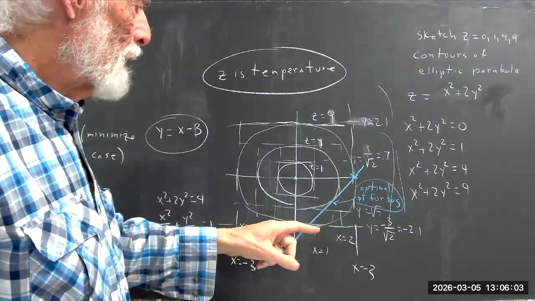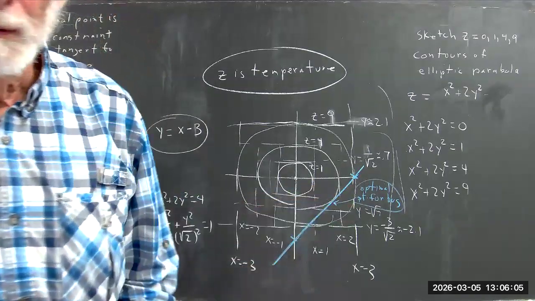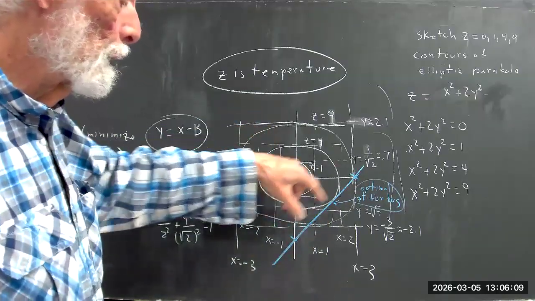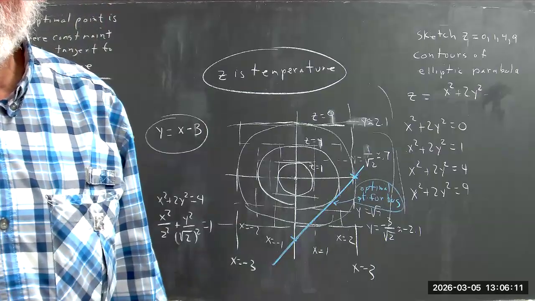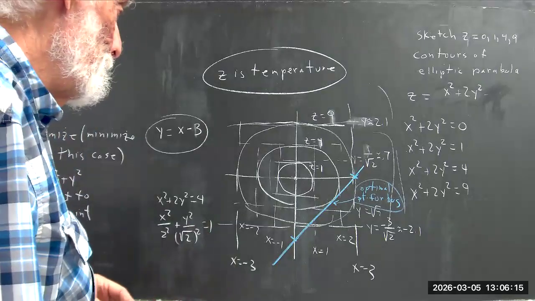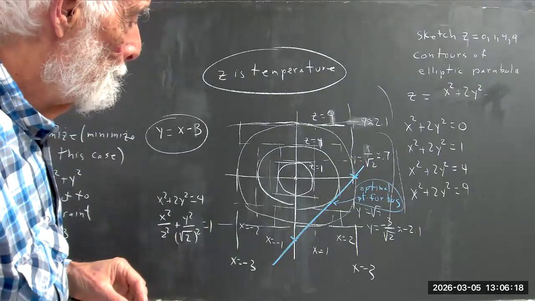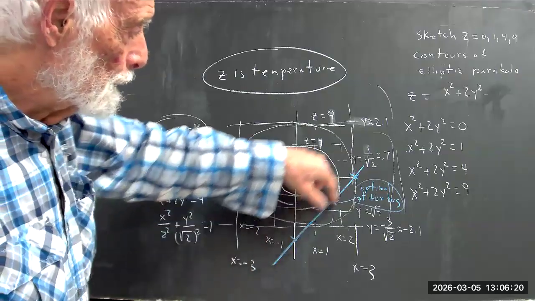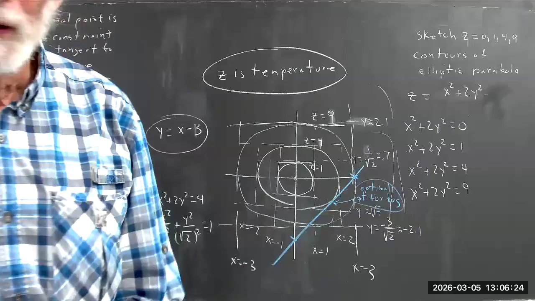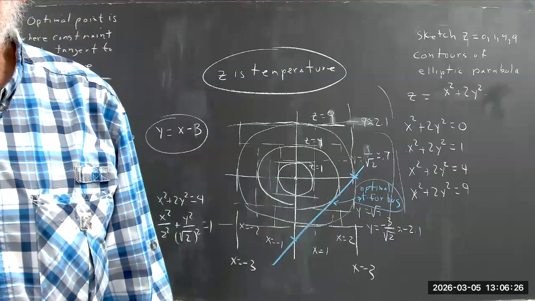This direction has to be parallel to the tangent vector, the vector tangent to the level curve. It turns out to be easier in general if you say the direction perpendicular to this line is perpendicular to the level curve.